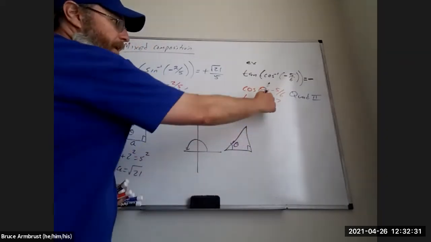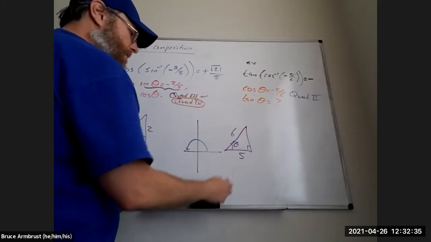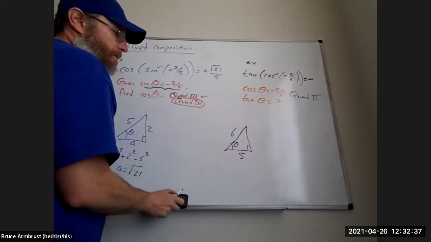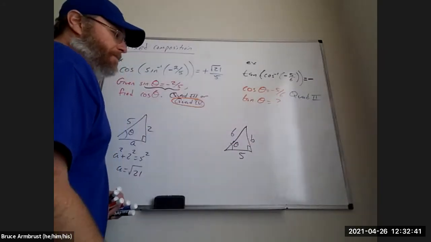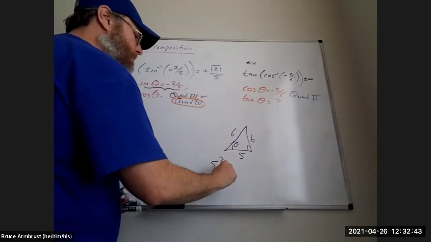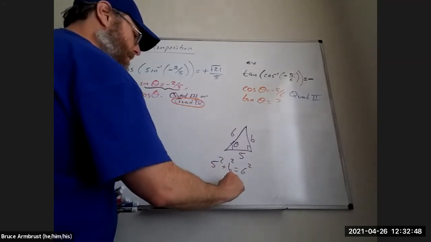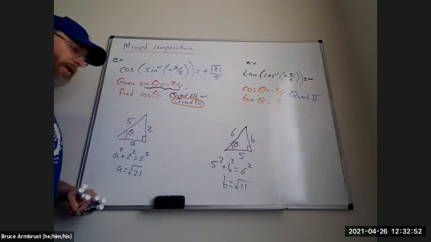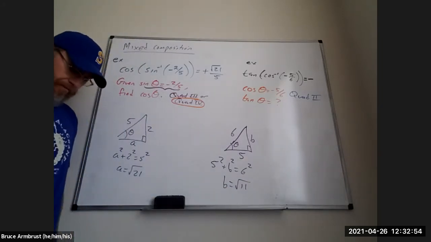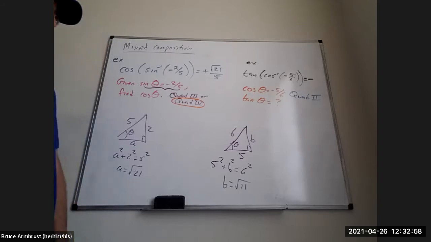We know the cosine is 5/6. So cosine is adjacent over hypotenuse, which means I still need to find the opposite side, but we'll use the good old Pythagorean theorem to find that. And that gives us that b is the square root of 11. 36 minus 25 is 11, right? B is the square root of 11.